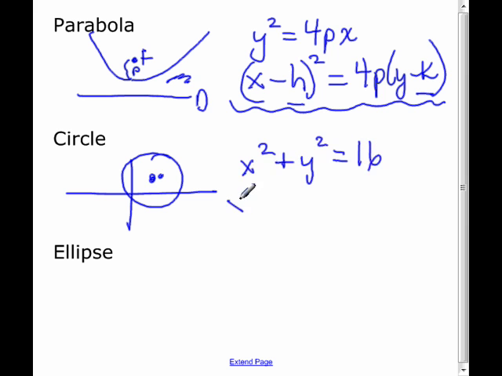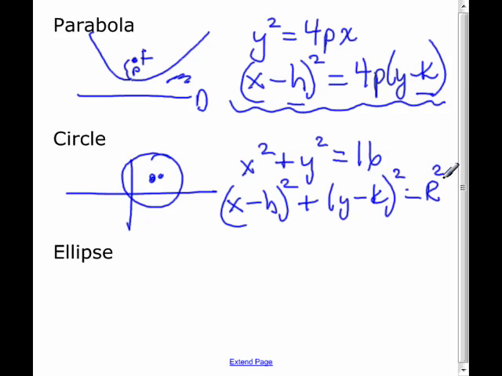If it wasn't centered on the origin, we had an equation that looked like this: x minus h squared plus y minus k squared is equal to r squared. And again, from the equation, I could determine the center of the circle and what the radius was.